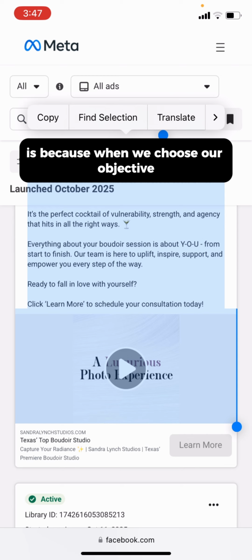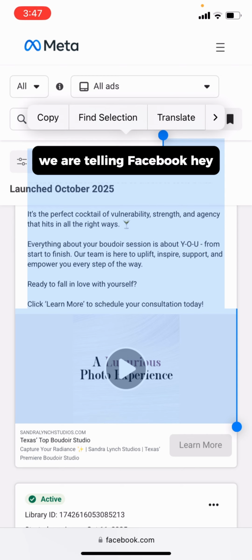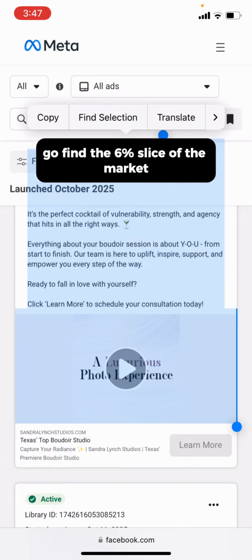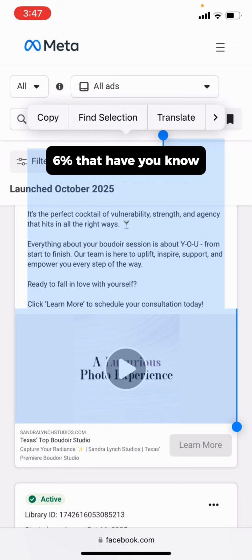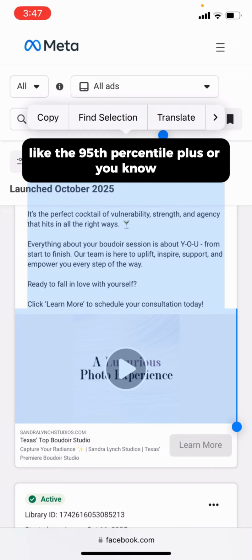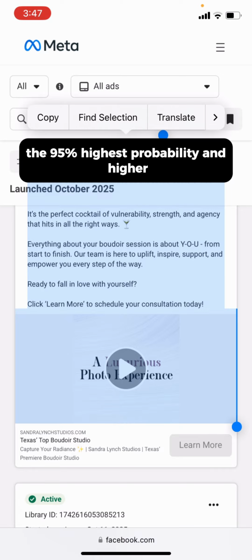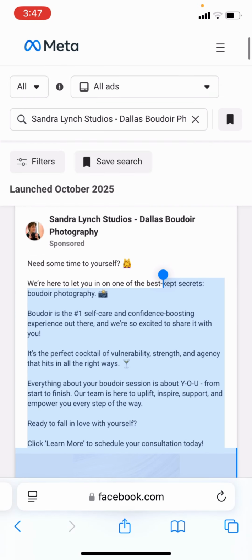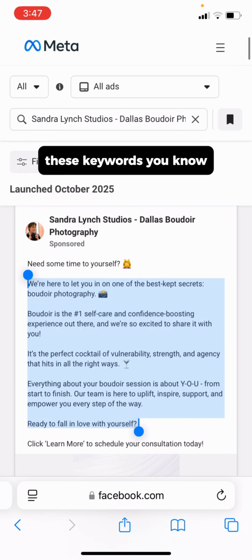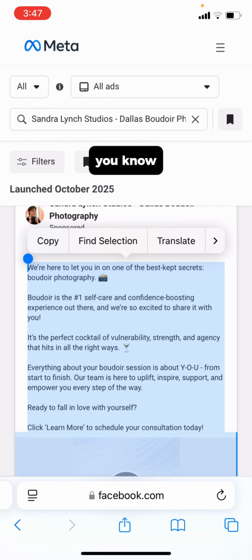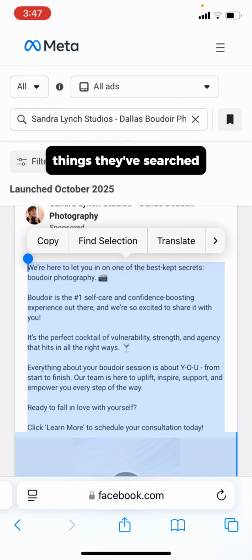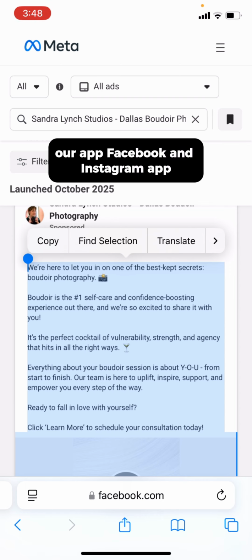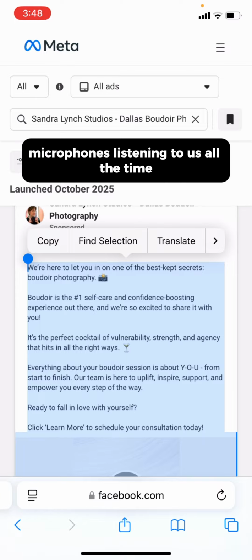It's because when we choose our objective, we are telling Facebook, hey, go find the 6% slice of the market, those Meta profiles in our city, the 95th percentile plus, the highest probability, to fill out lead forms and respond to ads that have these keywords in them, based off ads they've responded to previously, things they've searched, and also our Facebook and Instagram app microphones listening to us all the time, 24/7, even when we're not using the app.